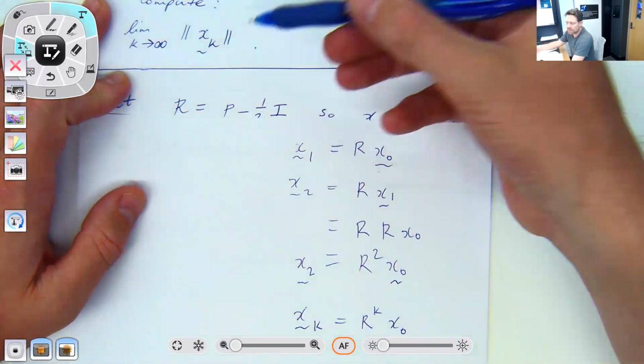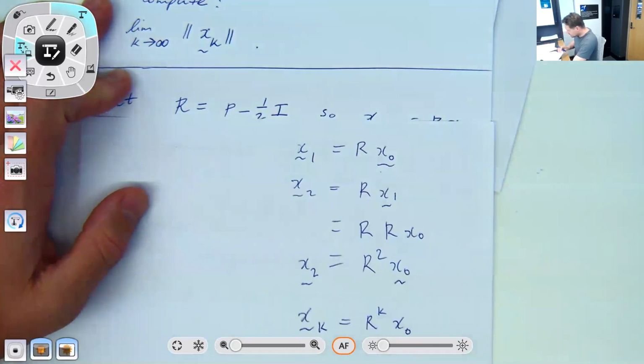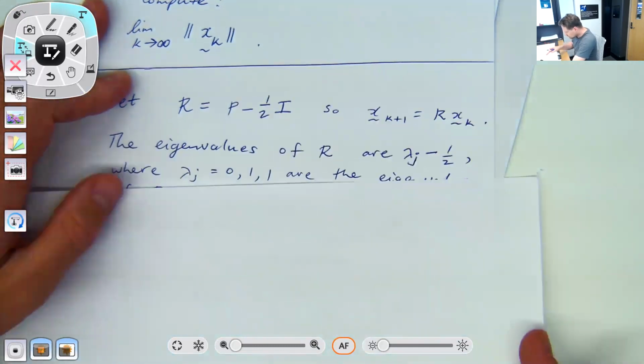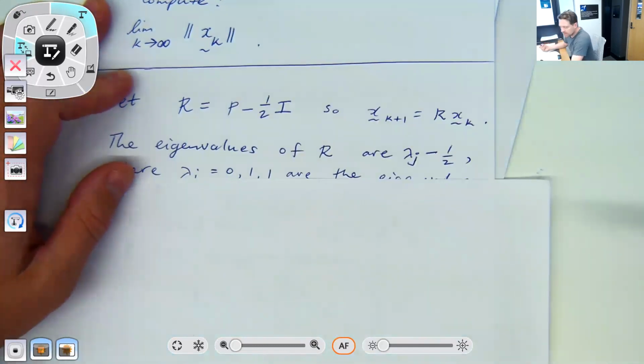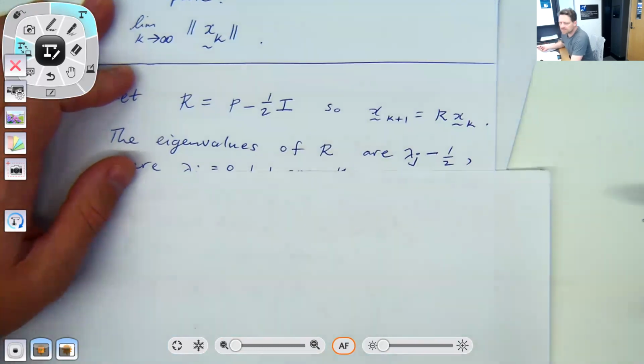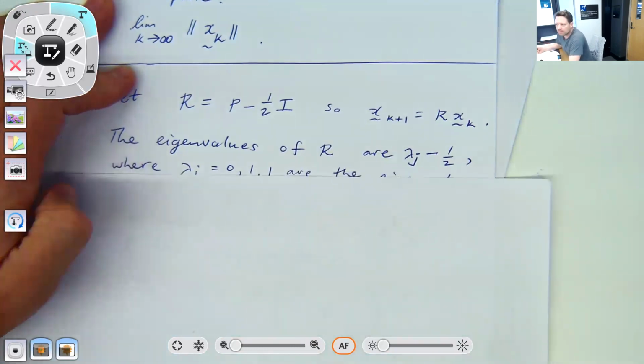So that's where you want to go with this. But we need to make observations about the eigenvalues in order to use the theorem on diagonalization, right?